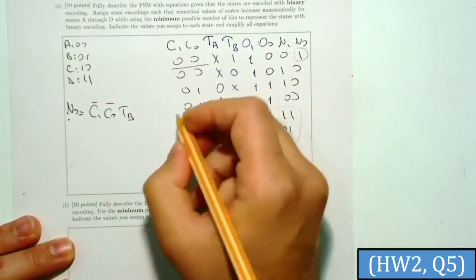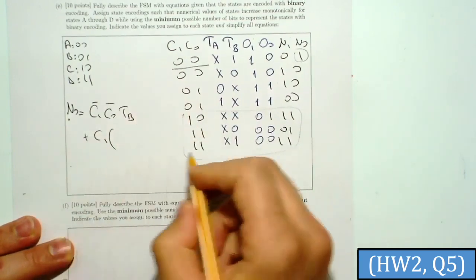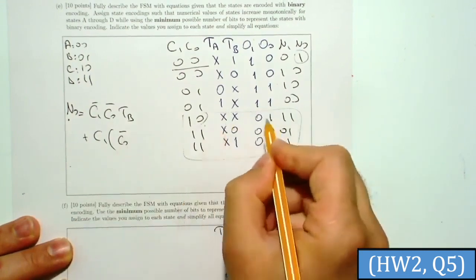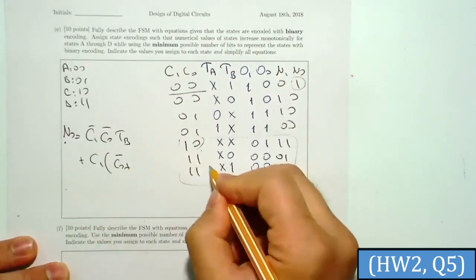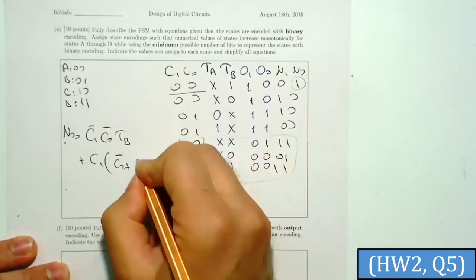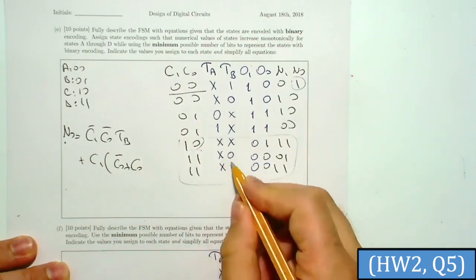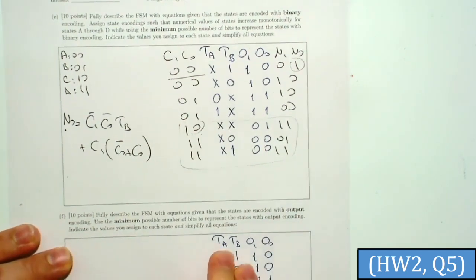Notice that I always have C1 as 1, and when C0 is 0, it doesn't depend on TA or TB. Or when C0 is 1, it also doesn't depend on either TA or TB. I guess that's the answer for that one. Let me check. Yeah.